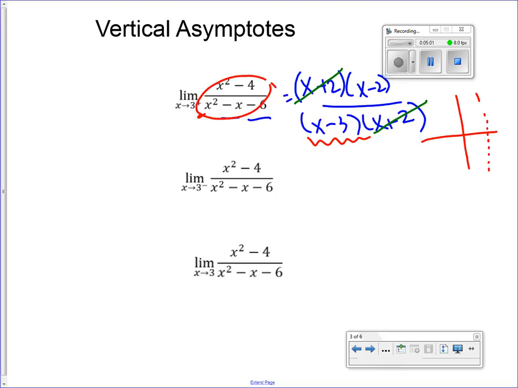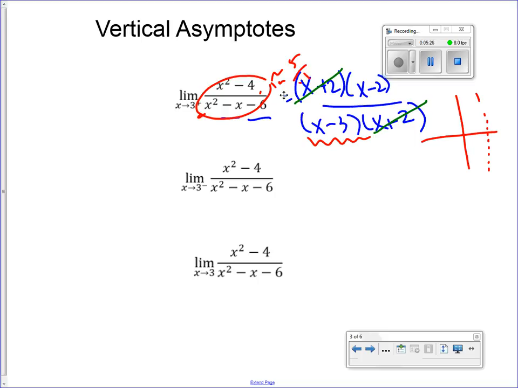And you're going to put it into the function. So if I pick 3.1, I'm going to talk you through this without a calculator. 3.1 squared is a little bit more than 9, minus 4, a little bit more than 5. We're just approximating here. And the denominator is about 9, minus 3.1, we're talking about 6.1-ish, minus 6 is about 0.1.